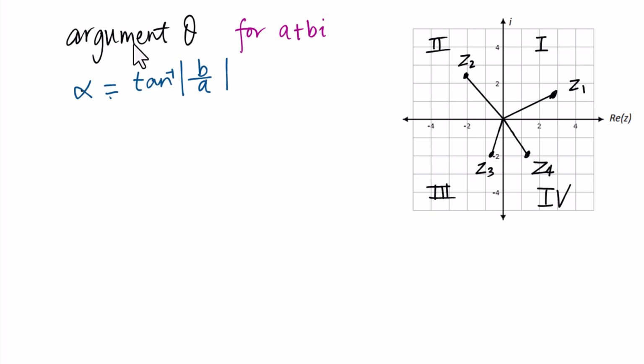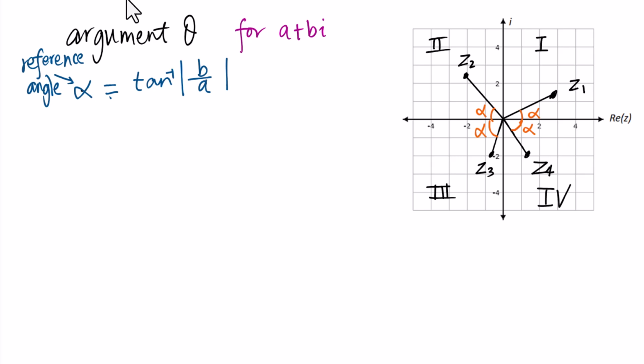We call this a reference angle. In this Argand plane, this is alpha. This is alpha. Here is alpha, and this is alpha.